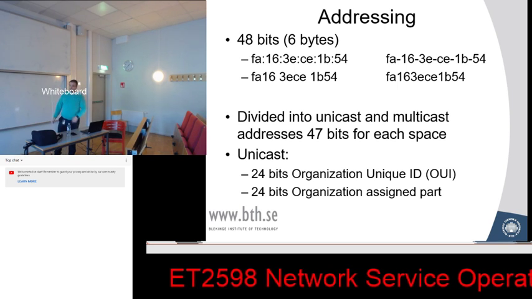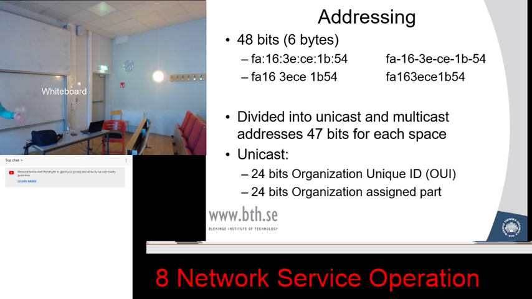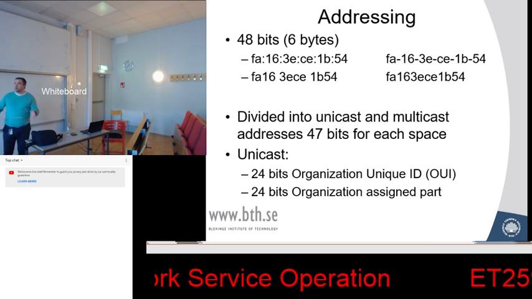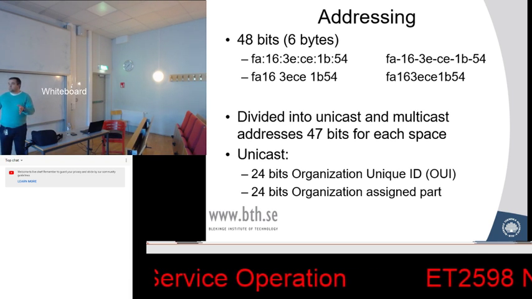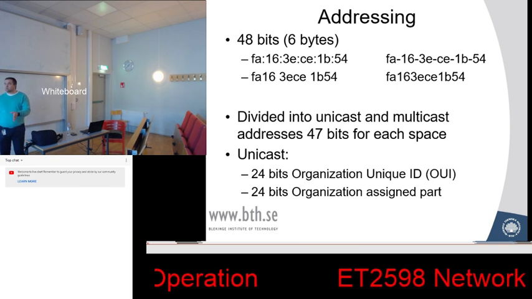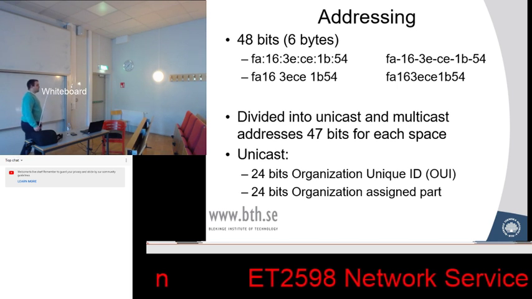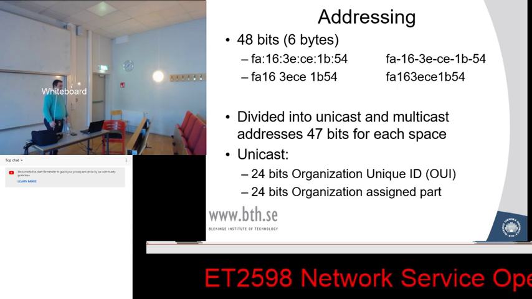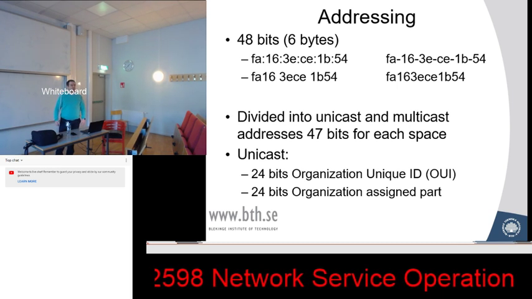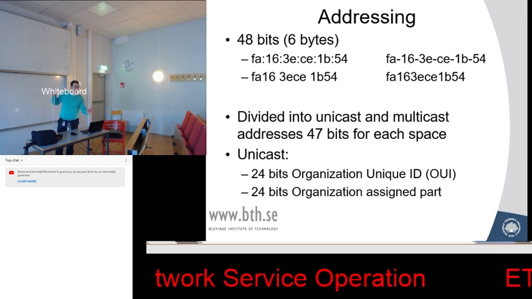But remember this, we have 48 bits, total 6 bytes. 47 of those are used for each space. That means we have 47 bits of multicast and 47 bits of unicast. That's a huge number of addresses, basically 2 to the power of 47 per chunk.